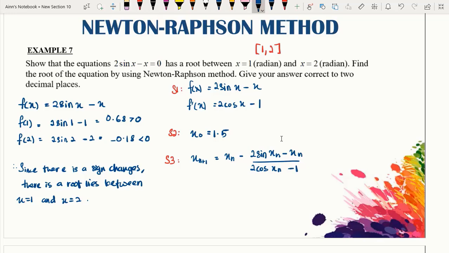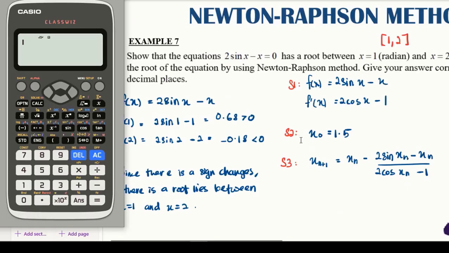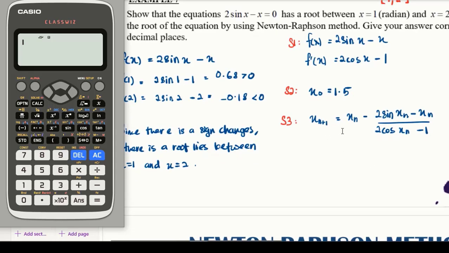This is the general form of our formula. For this question, I would like to show you how to use the calculator to make the substitution easier, so make sure you have your calculator. Our general formula is x(n+1) equals xn minus (2 sin xn minus xn) over (2 cos xn minus 1).